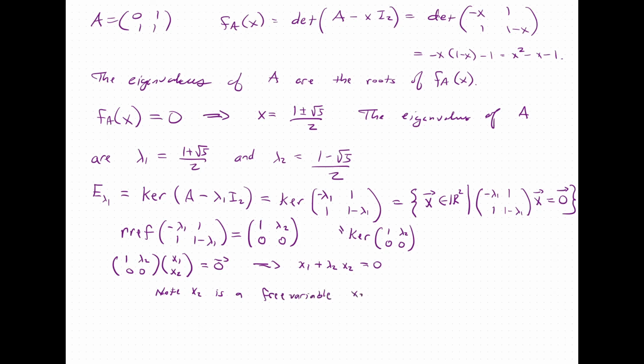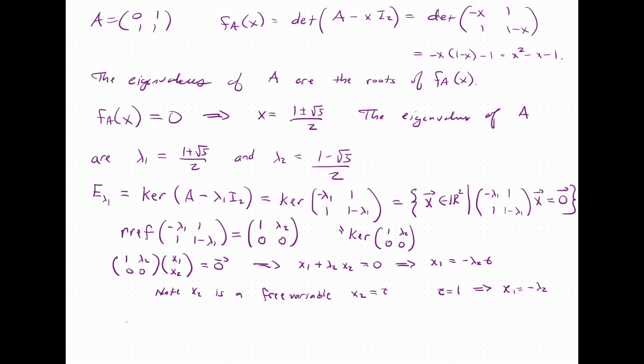And so let's go ahead and take x sub 2 to be t. So in that notation, we will have x1 equals negative lambda 2 times t. And if we take t to be equal to 1, we end up getting x1 equals negative lambda 2. And that gives us a vector that spans the kernel.